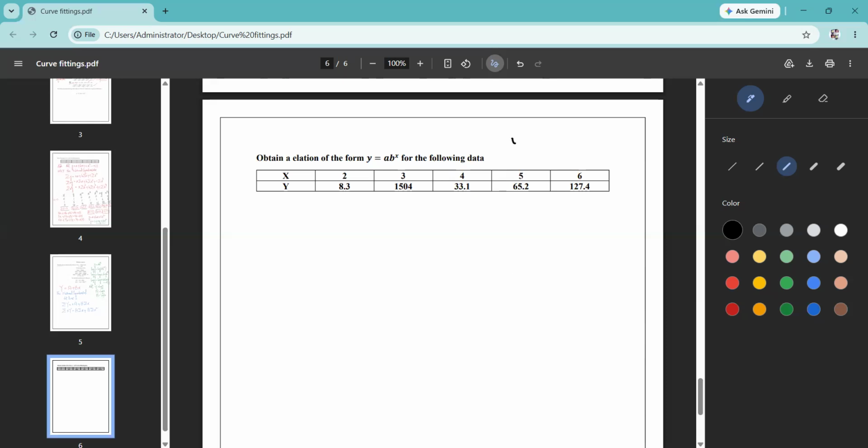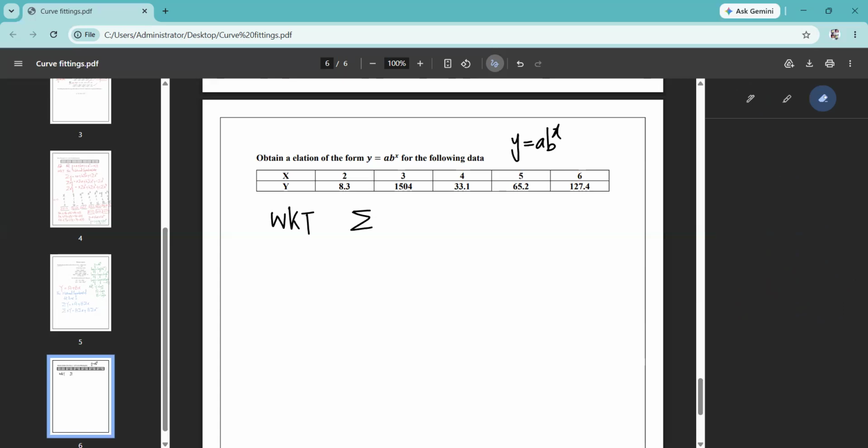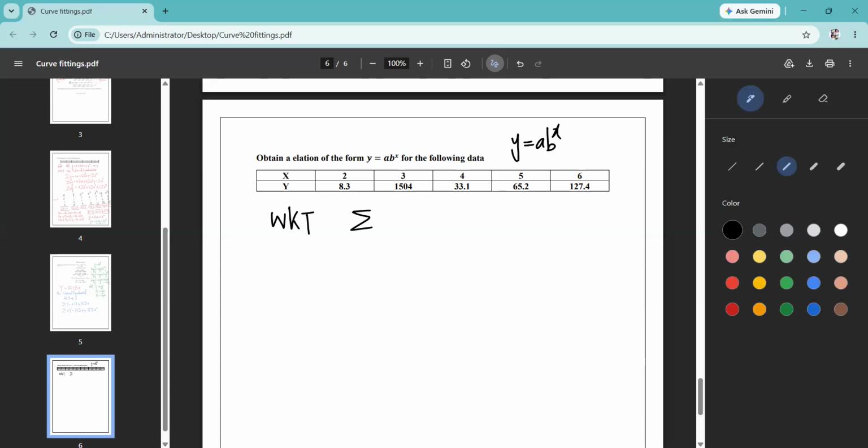Y is equal to a b power x, which is your perfect power curve. And we know that the normal equations are: summation capital Y is equal to NA plus B summation X; summation XY is equal to A summation X plus B summation X square.